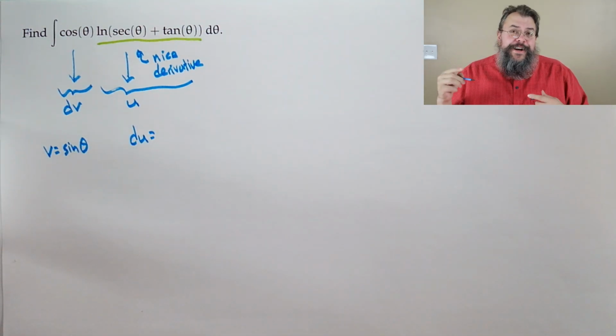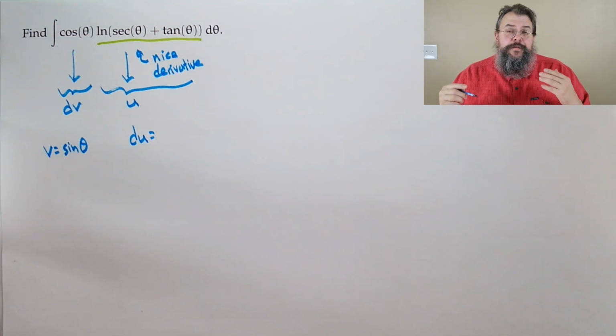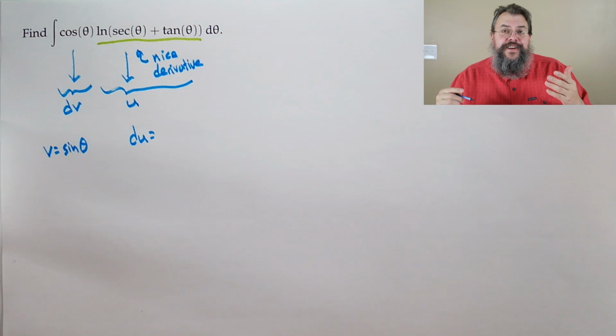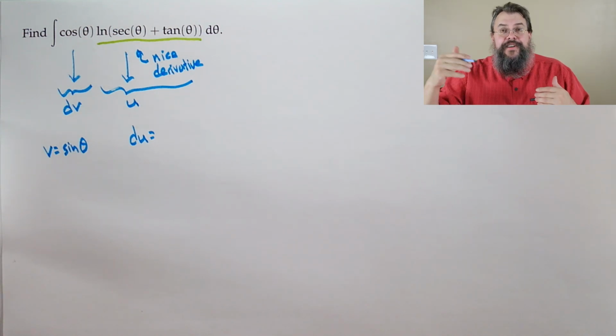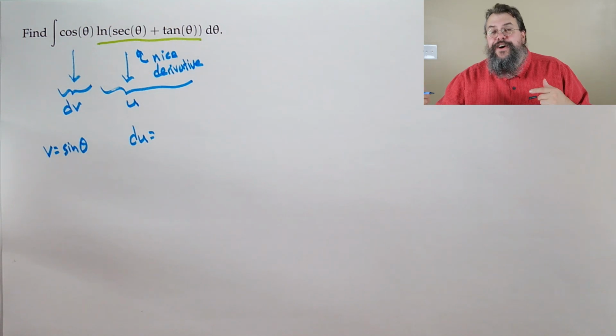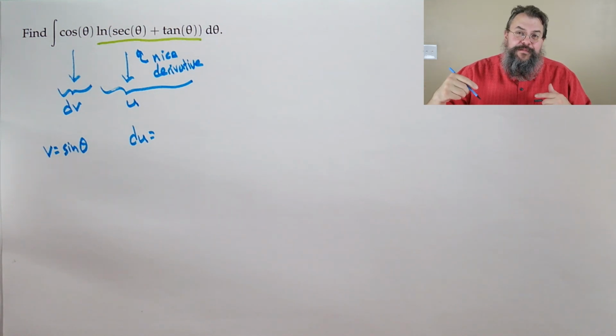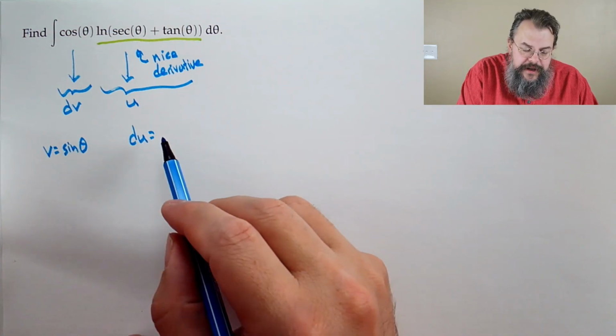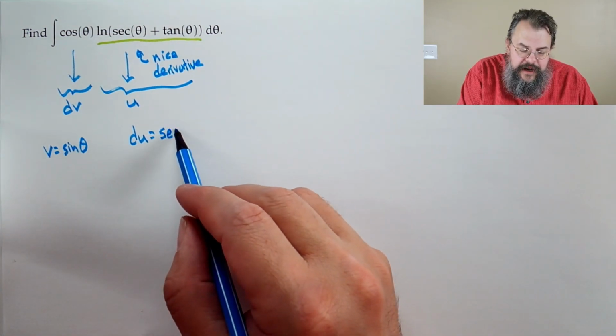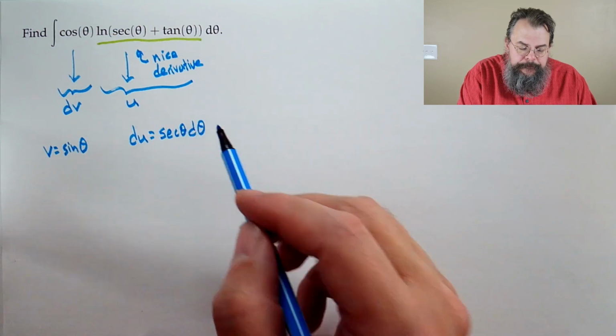Do you remember where that log of secant plus tangent showed up? It came from the integral of secant. So when you integrate secant, the result is log secant plus tangent. So if you differentiate log secant plus tangent, you get secant. So that's why we say it has a nice derivative.